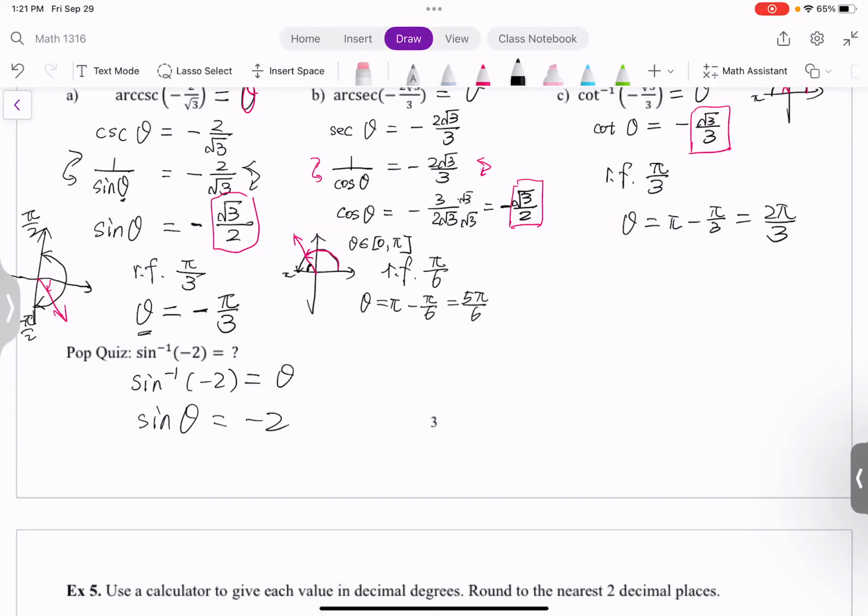Have you seen a sine of an angle whose value equals -2? For the graph of my sine function, what is the maximum value? The maximum is 1. The minimum value is -1. So I will never have a -2 for my sine value.